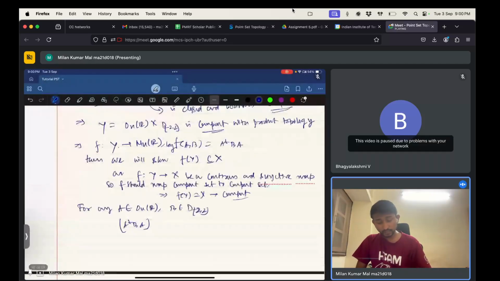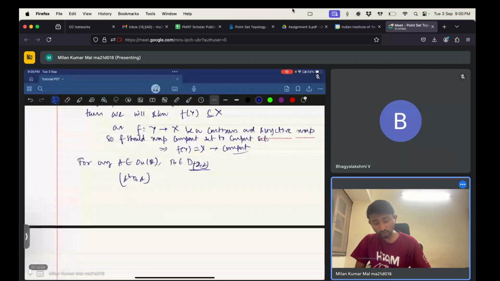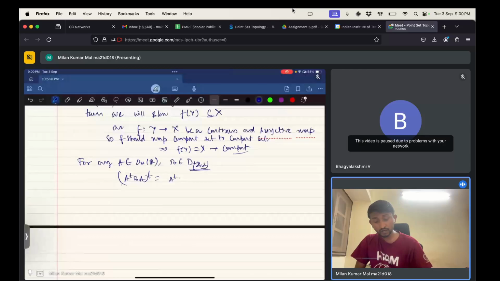Okay, that does not imply that it is a diagonal matrix. So (A transpose B A) whole transpose is equal to A transpose B A. This can be written as 1.